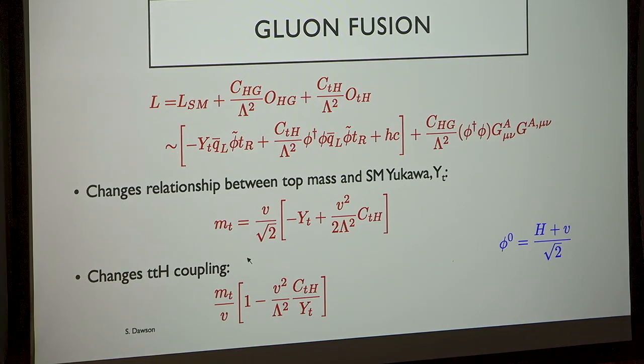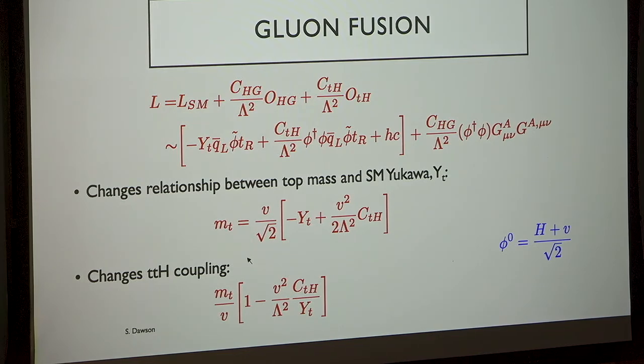And this is generic in these theories, that it changes the relationship between the top mass and the Yukawa. Remember in the standard model, if I diagonalize the Yukawa matrix, I was diagonalizing the mass matrix, and I was also diagonalizing the Higgs couplings. But that's not true here, because here you can see that the mass of the top is the Yukawa, just as I had before, but then it's got a contribution from this new operator, CTH.